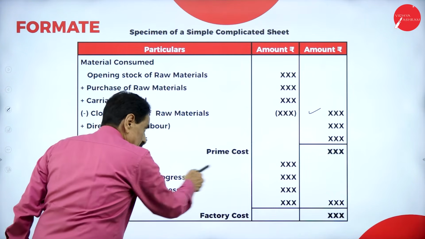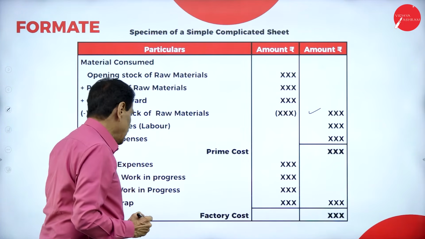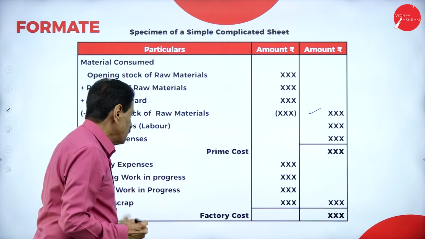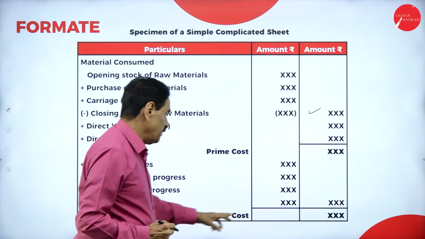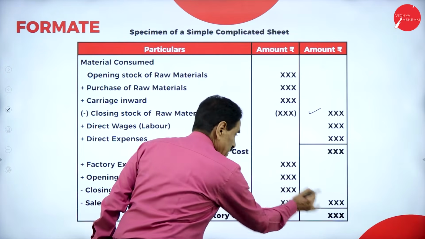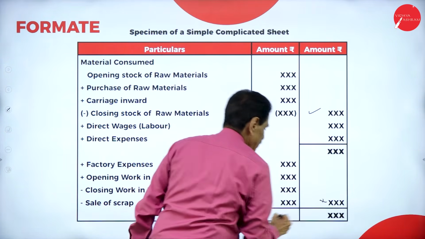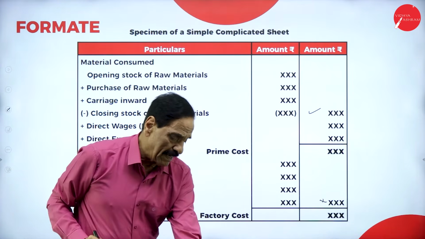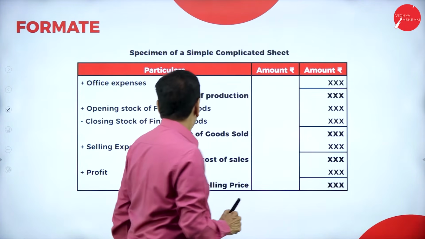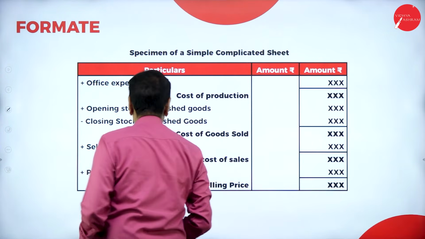Add factory expenses, add opening work in progress, minus closing work in progress, minus sale of scrap. Whatever we get here is called factory cost. Then add office expenses, it becomes the cost of production.